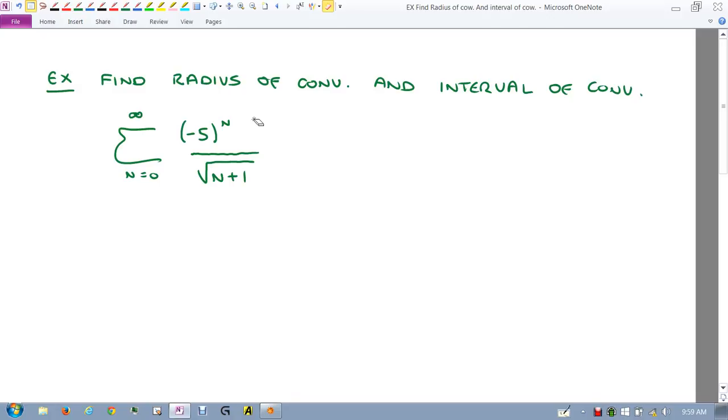And how would you attack that problem as a series by itself, not a power series? What type of series does this look like to you? It's an alternating series, right? So maybe the alternating series test. Maybe that would work. But that's not what we have to do. Or you could do the ratio test or something like that. I mean, you've got a lot of tools in your toolbox when it comes to series. But now we have a power series.